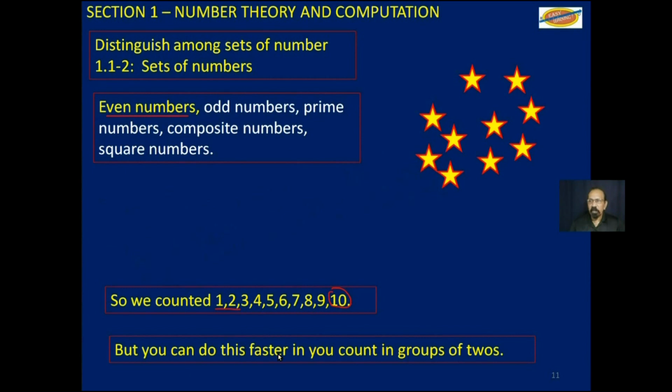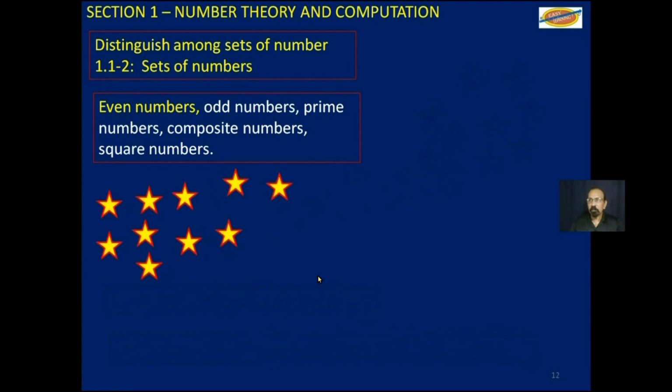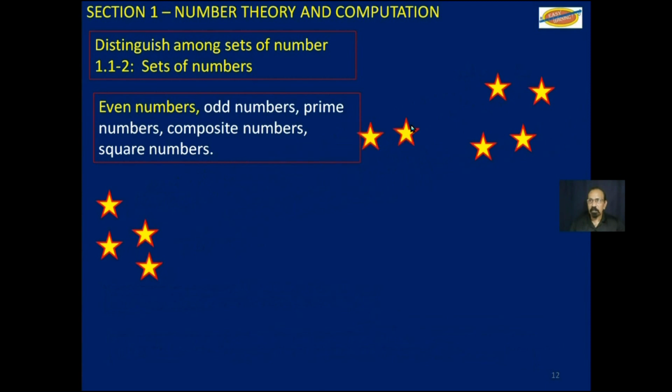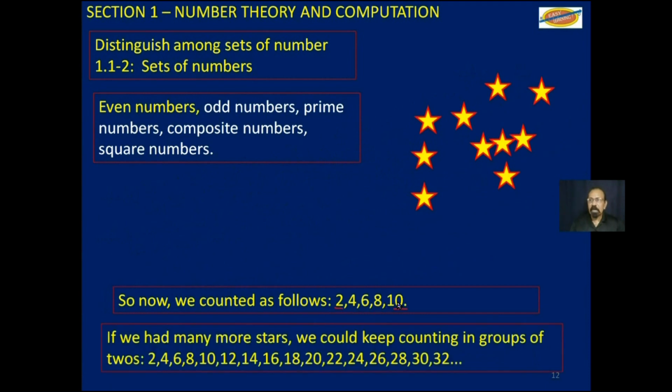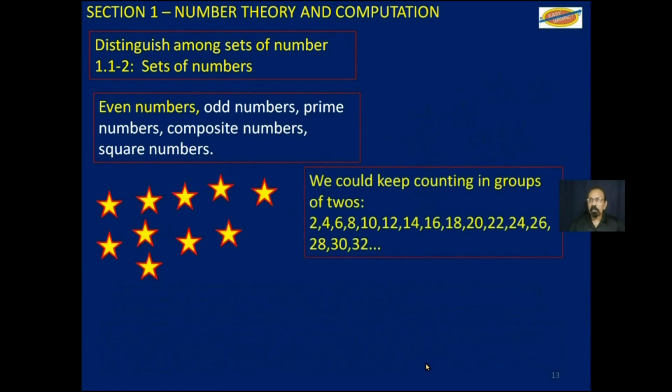But you can do this faster if you count in groups of 2s. So let's go 2, 4, 6, 8, 10. So now we counted in 2s. And of course, if we had more, we could go up to 12, 14, 16, 18, and so on. We could keep counting in groups of 2s.